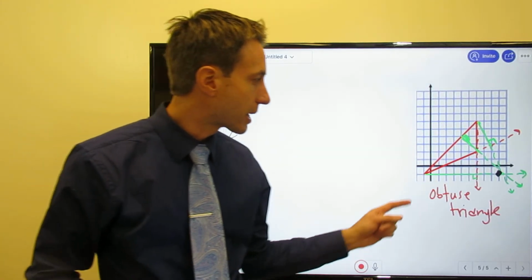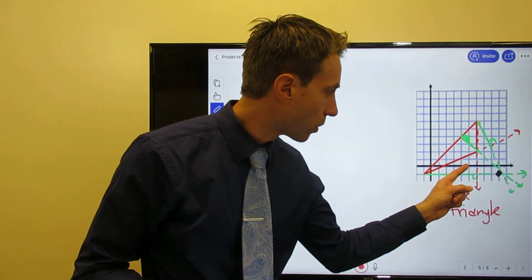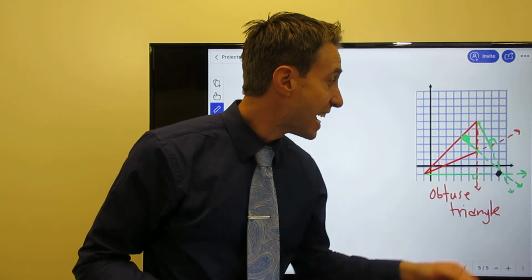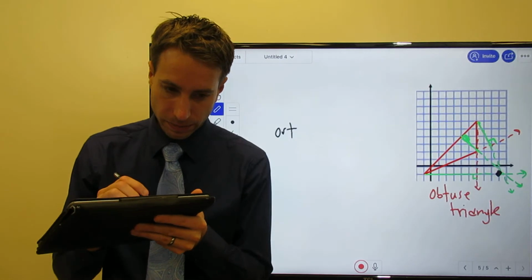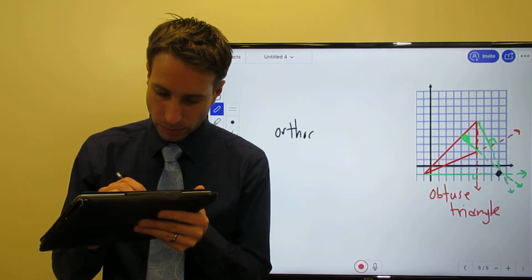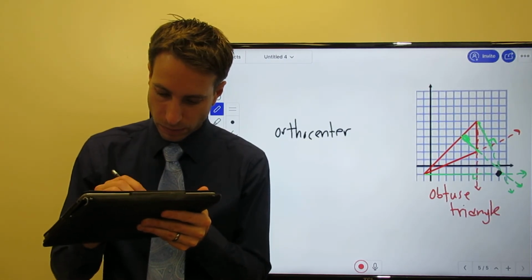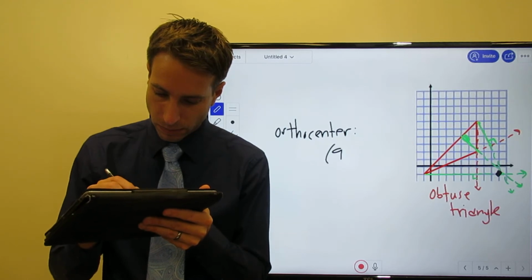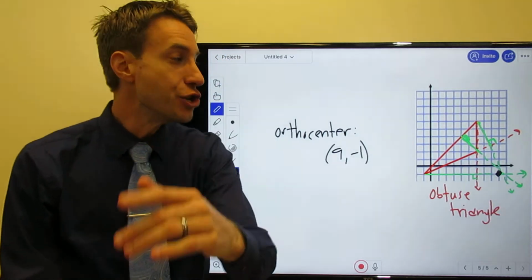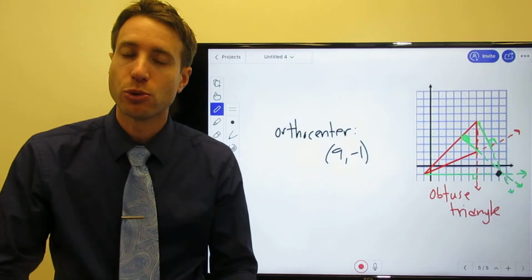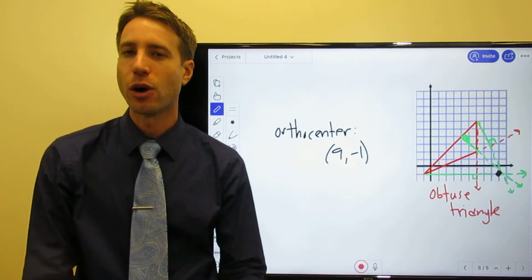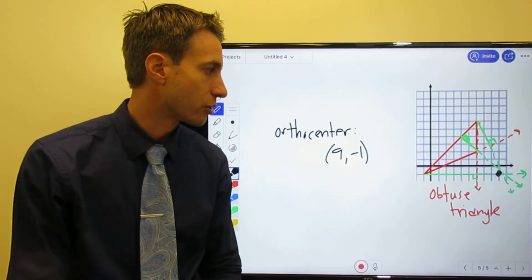And so all I need to do is count. Let's see, 1, 2, 3, 4, 5, 6, 7, 8. It's at (9, -1). Again, I knew it was going to have to be outside the triangle because it was an obtuse triangle. And so right off the bat, I know I'm looking for an orthocenter outside of the triangle.